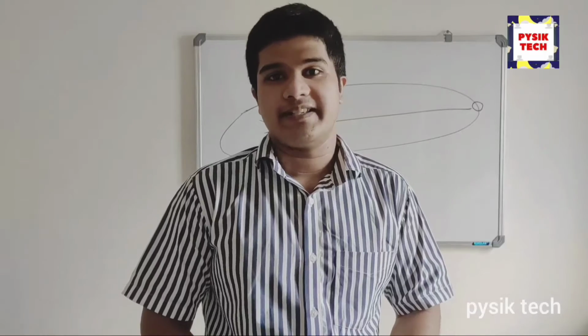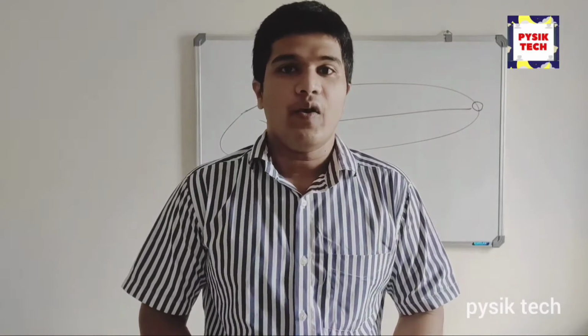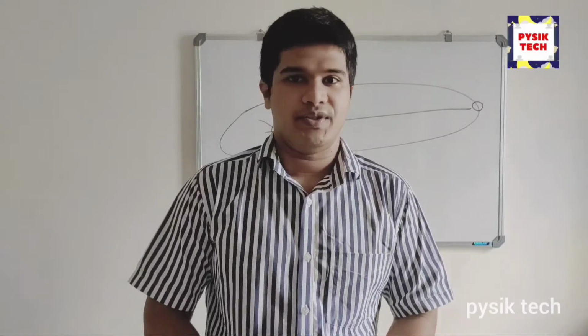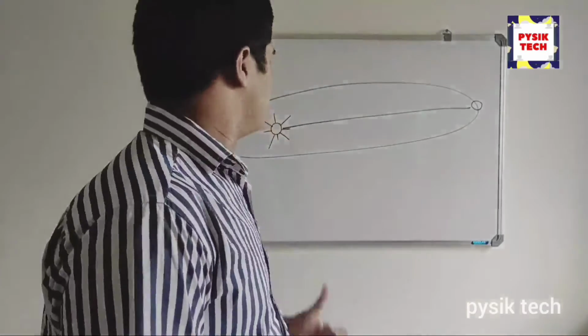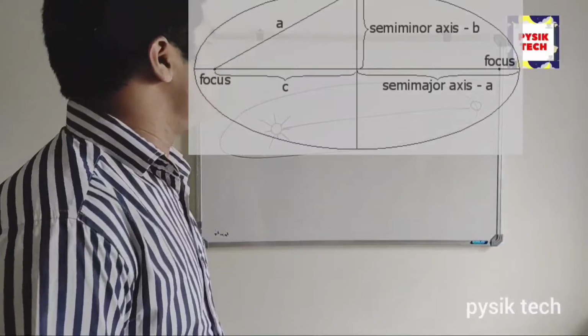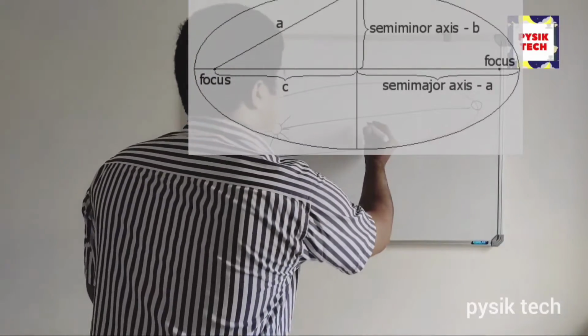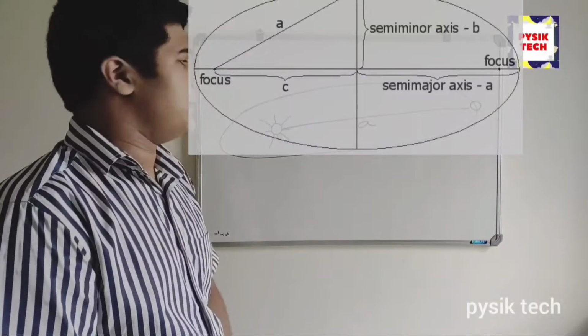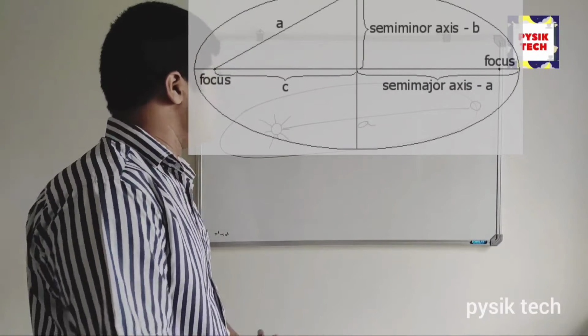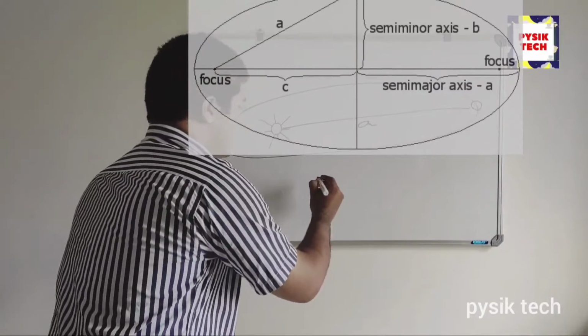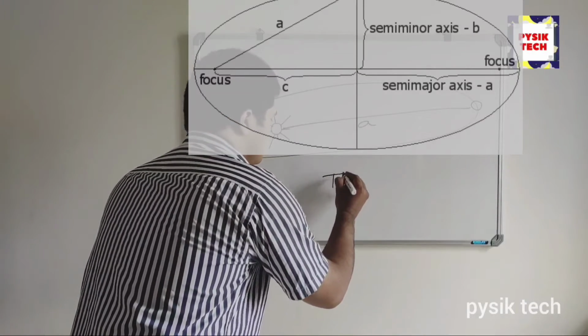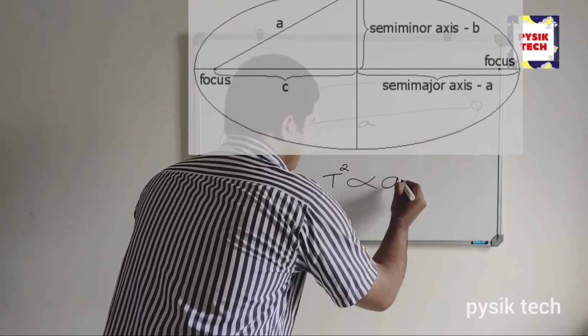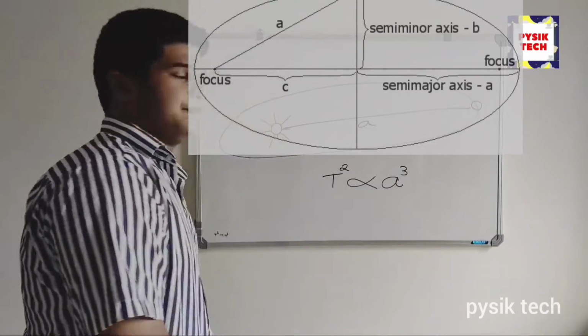Kepler's third law is known as the law of periods. What is the law of periods? From this picture, this is the A, meaning semi-major axis. Then our equation will be T squared is proportional to A cubed.